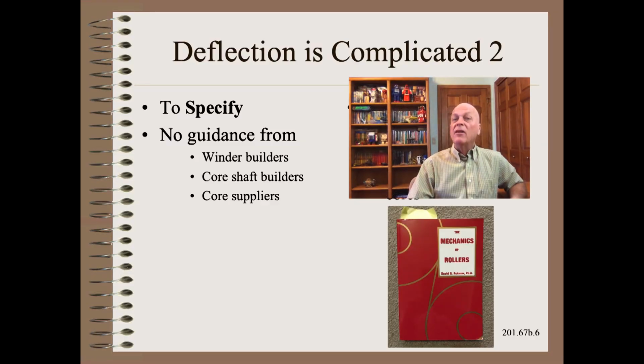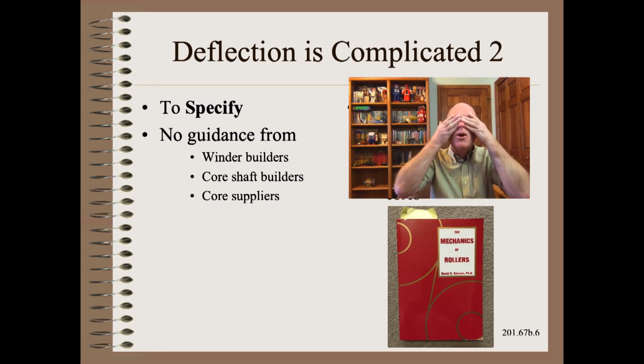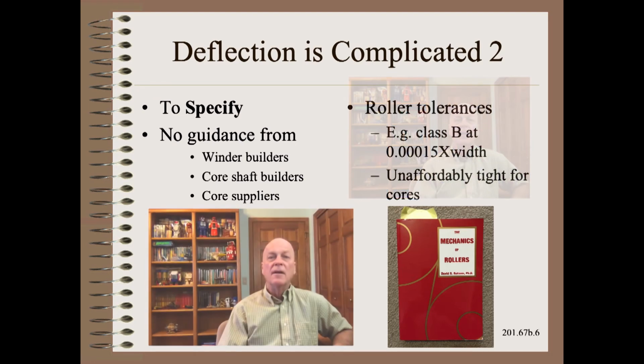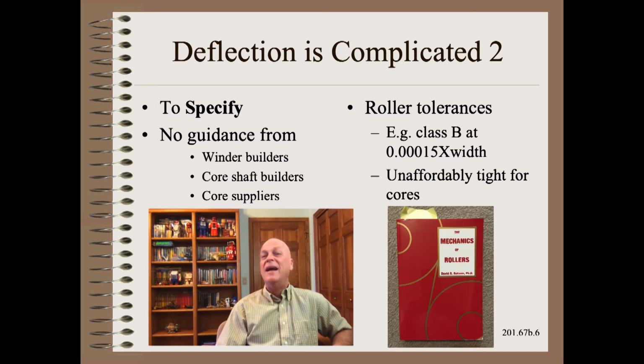However, even if you could calculate deflection, we would still be totally blind. That is because we have no guidance from the suppliers of winders, core shafts, or cores on what is a maximum allowable deflection. This is quite unlike rollers, where deflection has been used to size most roller diameters for decades.